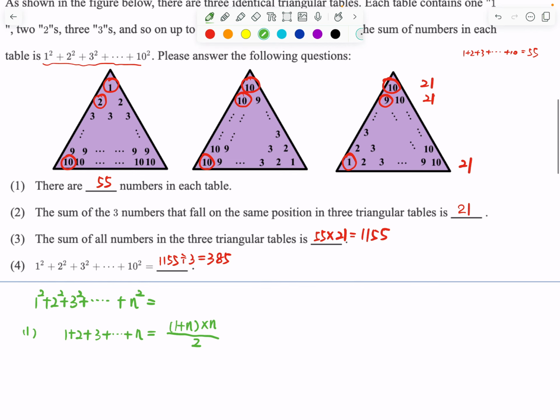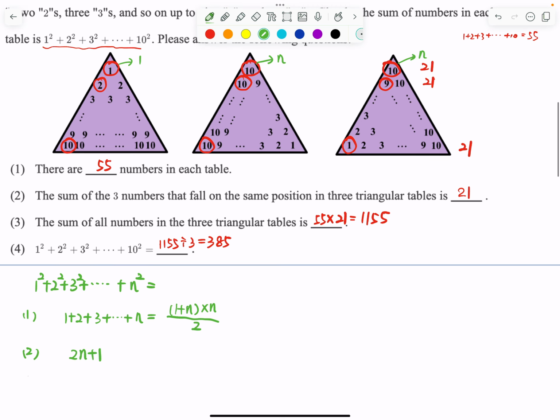Now let's look at the second answer. The sum of the three numbers that fall on the same position in the three triangular tables: the first one is still 1, the second one, because we have n numbers, should be n, and the third one is also n. So for the second question, the answer becomes 2n plus 1.